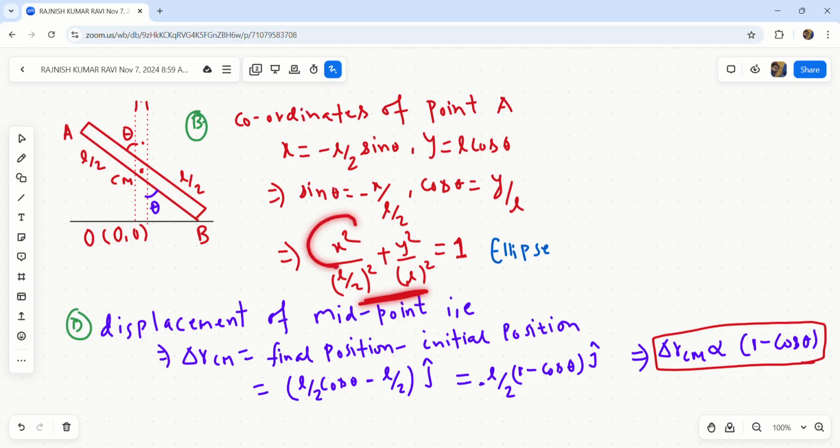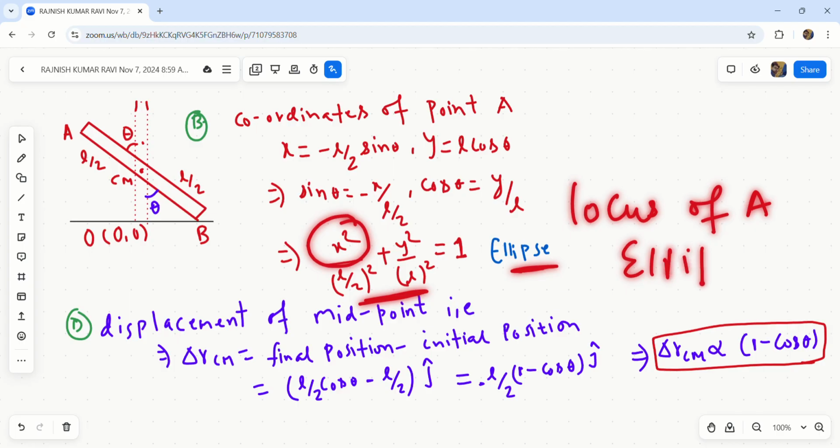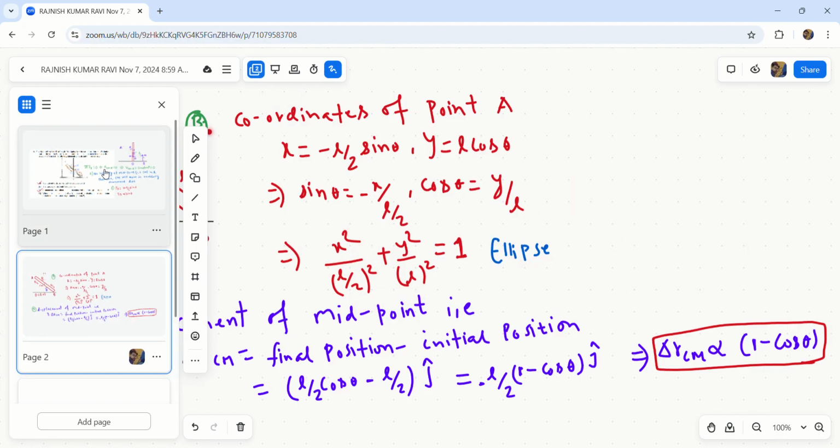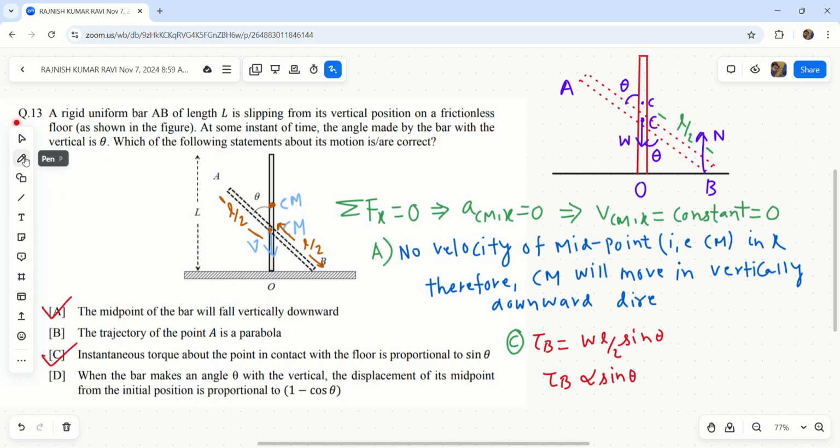This is the equation of an ellipse. So the locus of point A will be an ellipse, not a parabola. So option B is wrong.